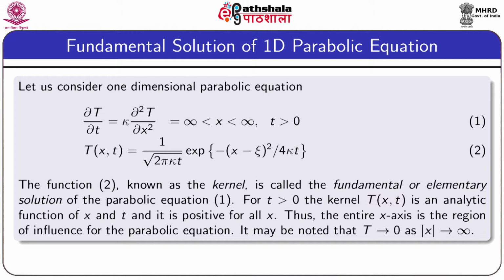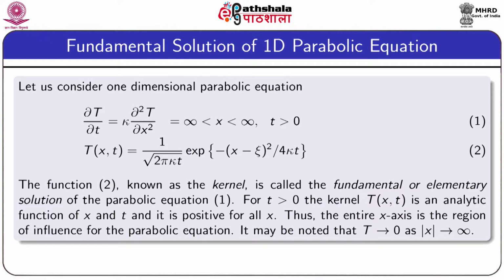If we compute ∂T/∂t and ∂²T/∂x² from expression 2 and put them in equation 1, it will satisfy equation 1, and the solution written in equation 2 is called the fundamental or elementary solution of the parabolic equation 1.